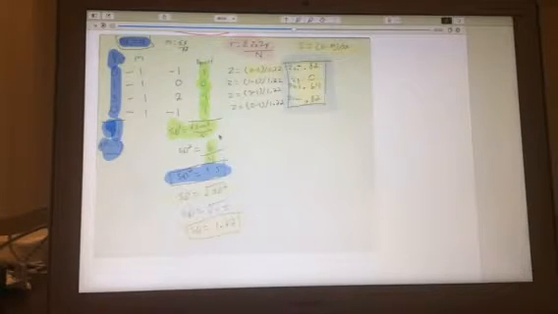Now to get our standard deviation, we do SD equals the square root of SD squared, which we get SD equals the square root of 1.5, and we get a standard deviation of 1.22. And again, make sure you are rounding to 2 decimal places, okay? So we get 1.22.